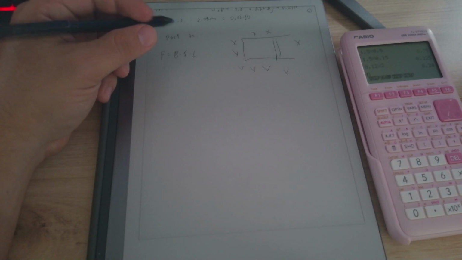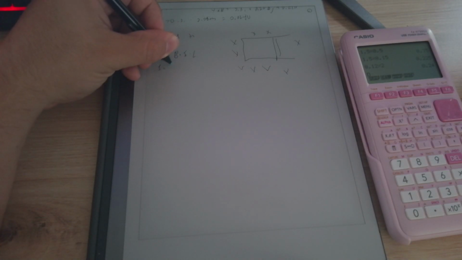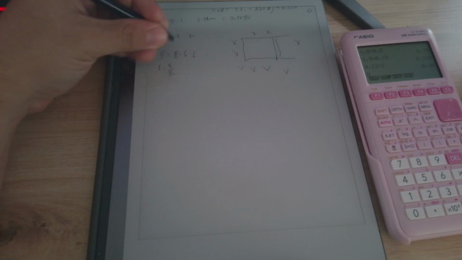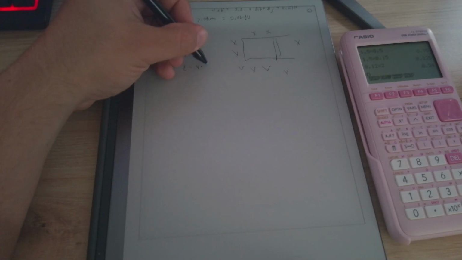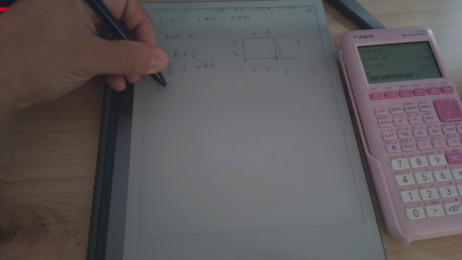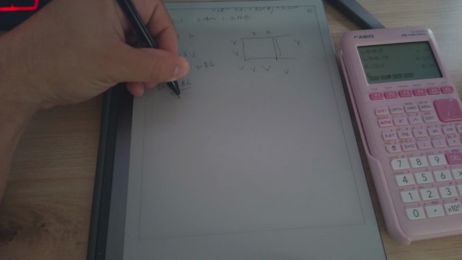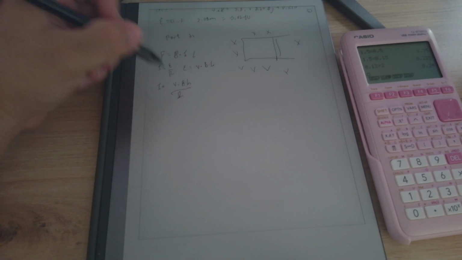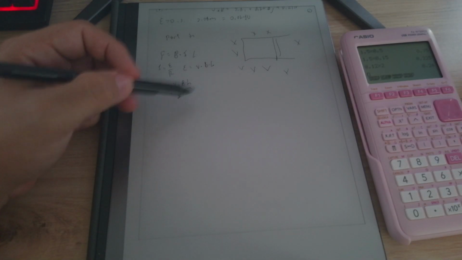At the same time, our current is equal to electromotive force divided by resistance. And electromotive force is equal to our velocity times our field times our length. So current is equal to velocity times field times length divided by resistance. So we're just going to input this current back into this formula.